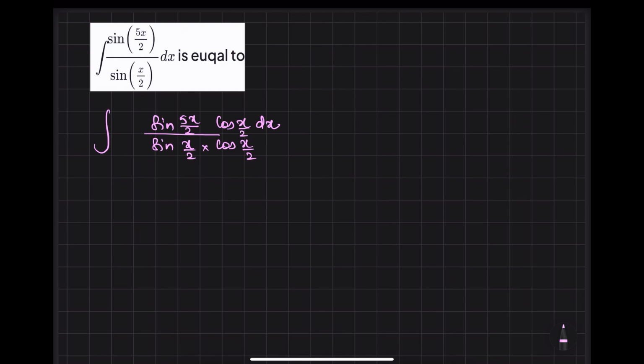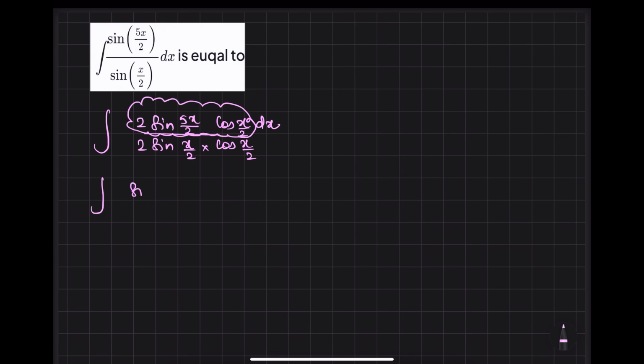At least we can manage the denominator, but we want 2 and 2 together. Now try to recall the formula of 2 sin a cos b.